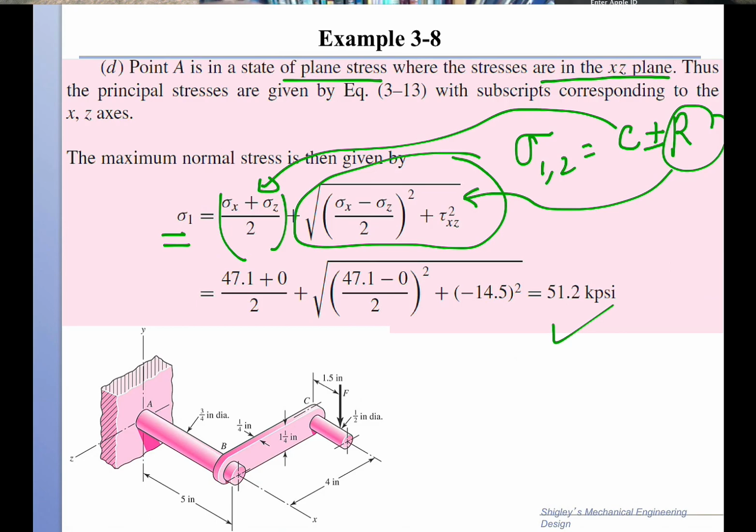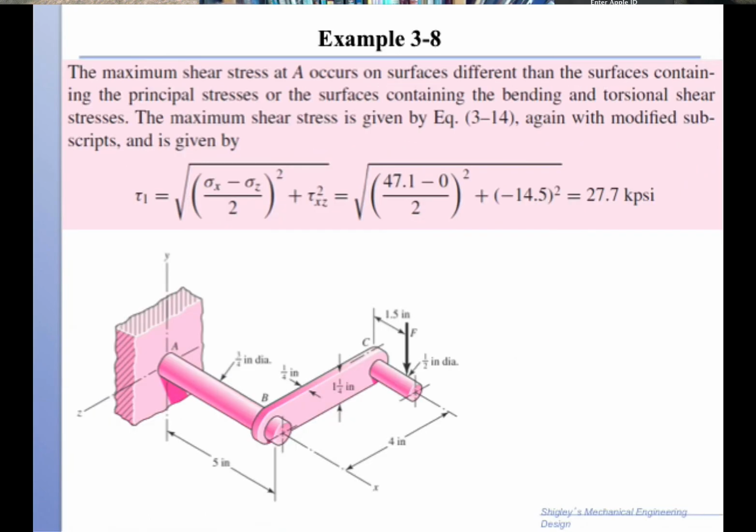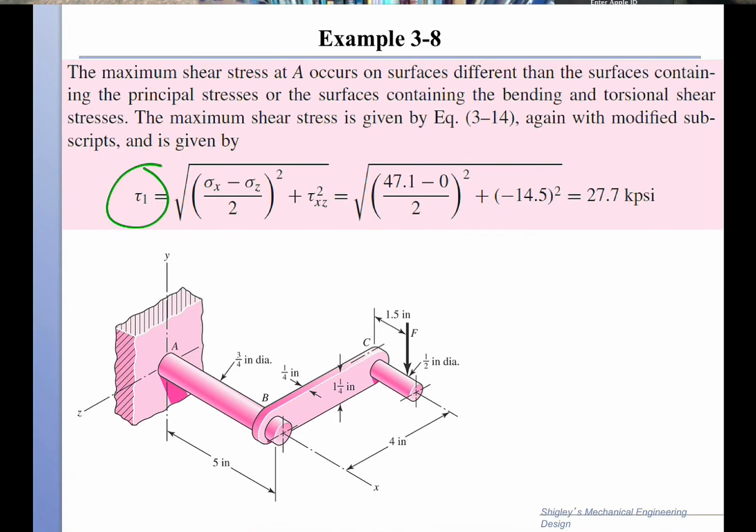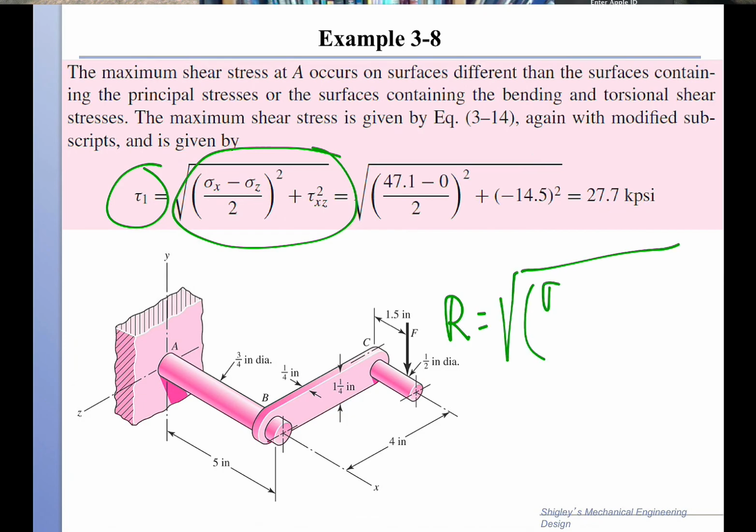If I want to pursue this further, then I can find the maximum shear, and the maximum shear is the radius of the Mohr circle itself, because the radius of the Mohr circle is the square root of the difference between the two normal stresses over 2, squared, plus the shear stress squared.